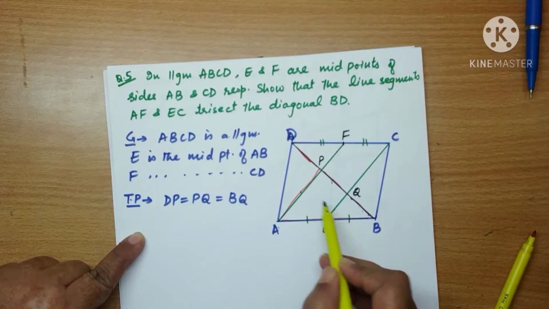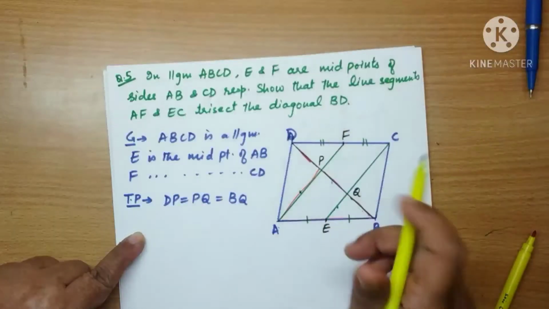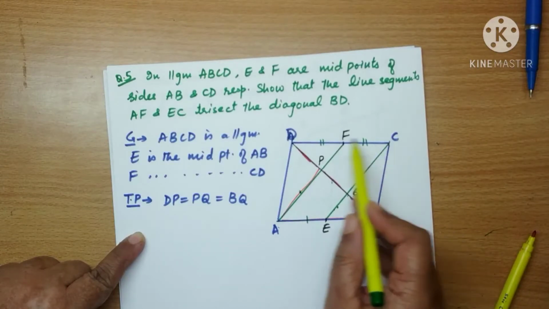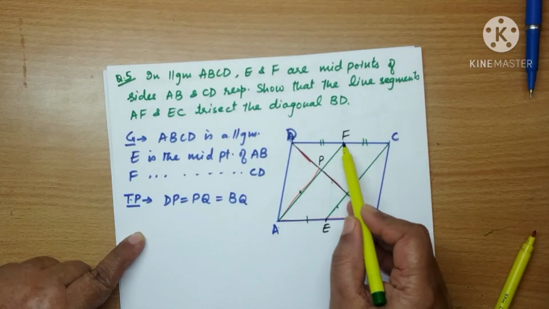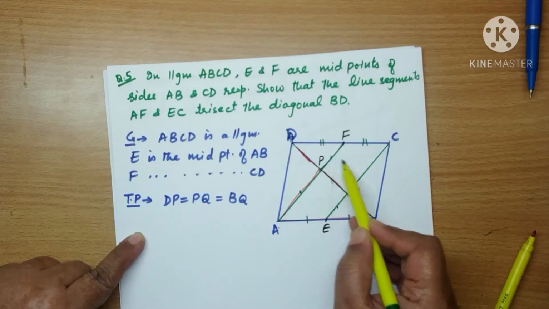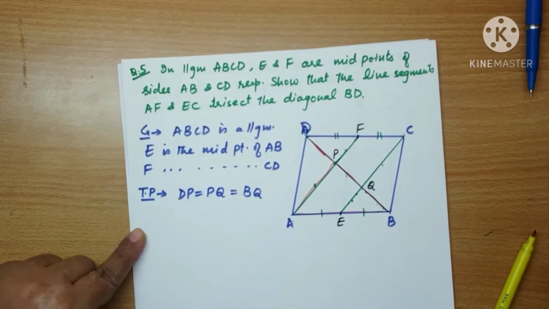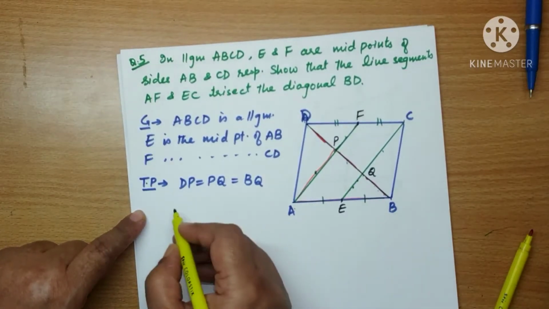So all I need to do is we should have these lines parallel. Next, if in this triangle DQC, again F is the midpoint, so I have this line passing through the midpoint, so I should have these parallel. That is, I should get AF parallel to EC. How do we get AF parallel to EC?